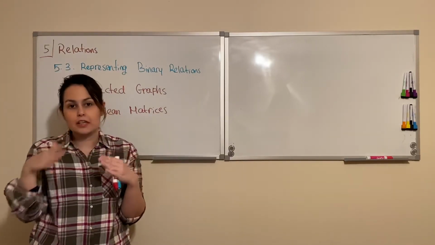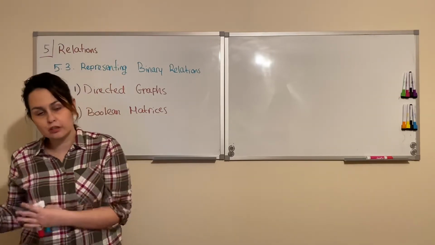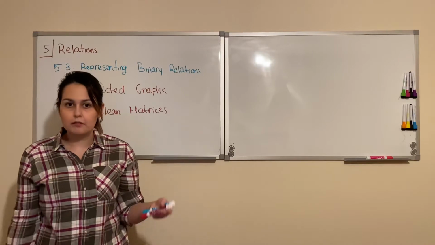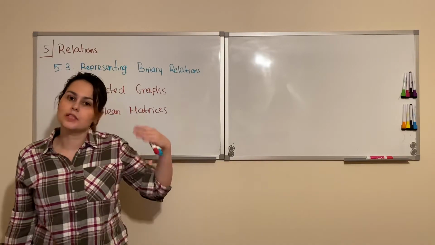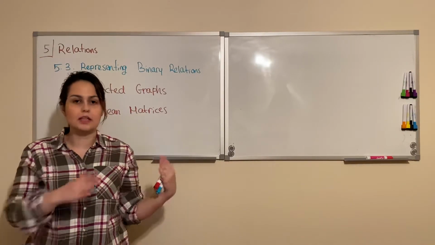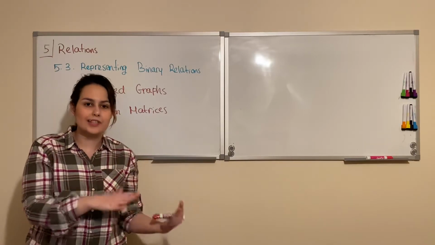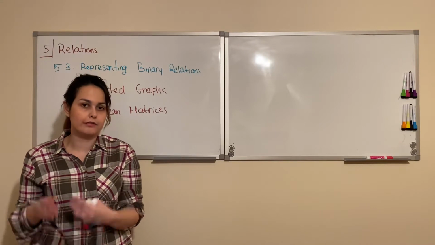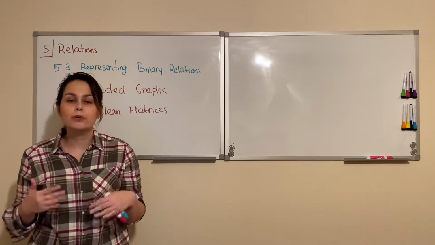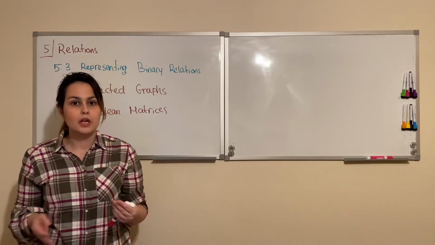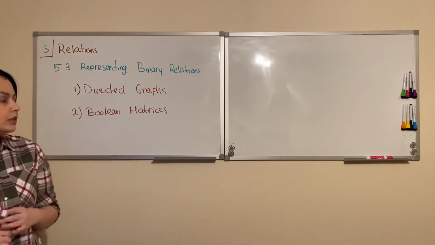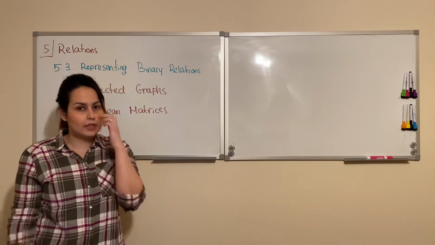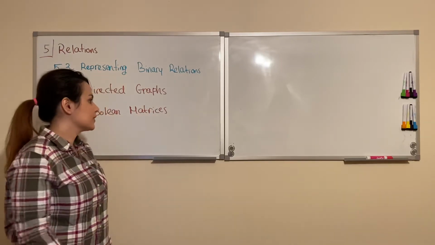When I say the binary relation R is defined on set X, as I mentioned before, it means that it is from X to X. It is a subset of the Cartesian product of X with itself, X cross X. For these, we can use graphs. But for the ones that we have X and Y as two different sets, we cannot use graphs.